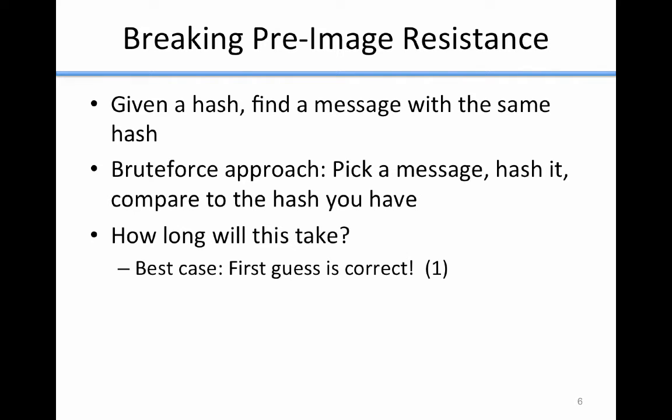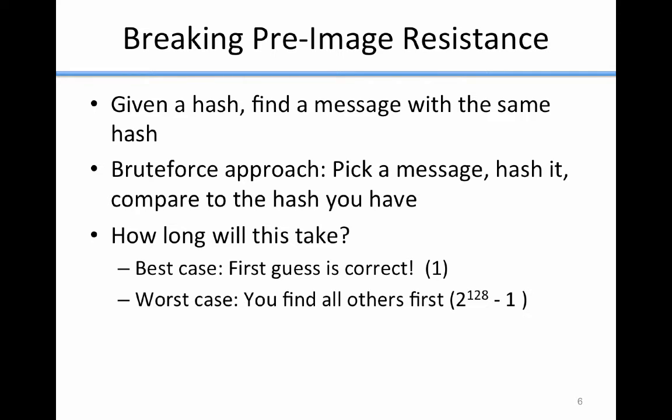In the best case, you've given me a hash, and my job is to find a message that has that hash. I'm really lucky, and I pick some random message and hash it, and it has the same hash as the one you gave me. So I'm really happy I got it on the first guess. That's the absolute best case. In the worst case, I keep picking random messages and hashing them, and they don't match, and I find every other hash except the one that you want me to break.